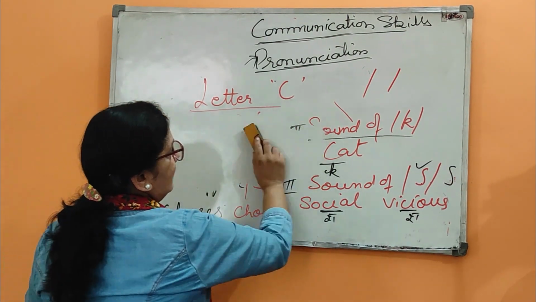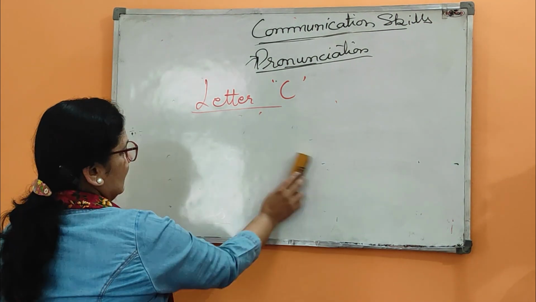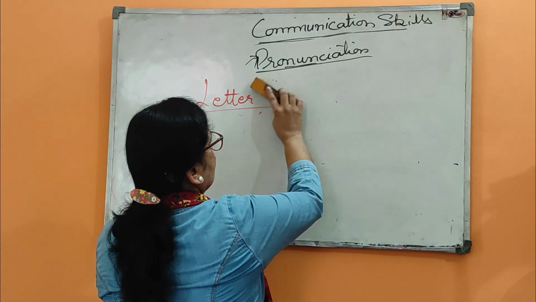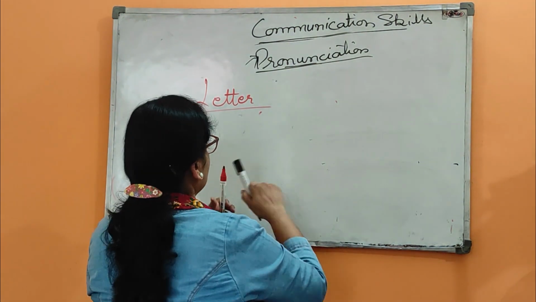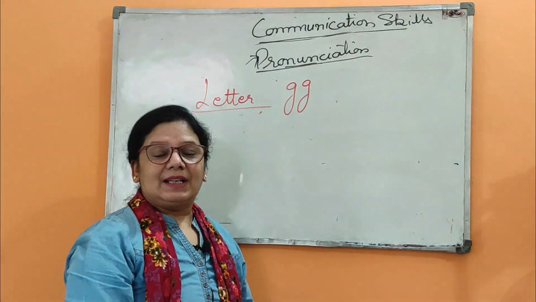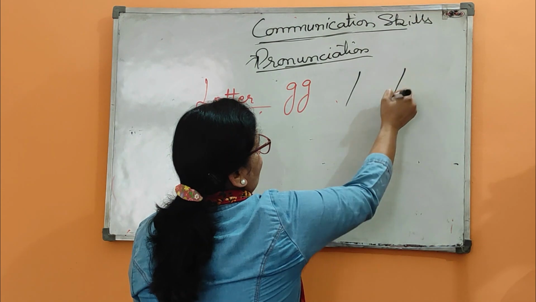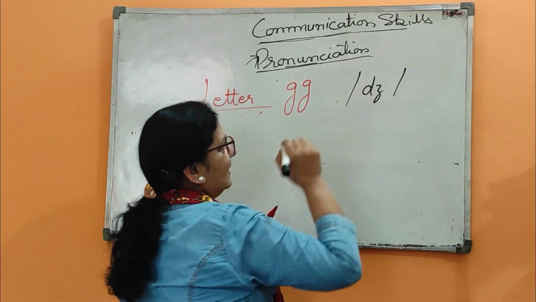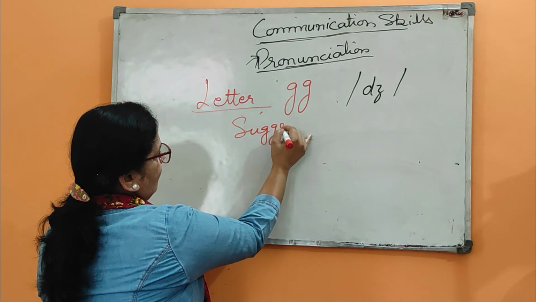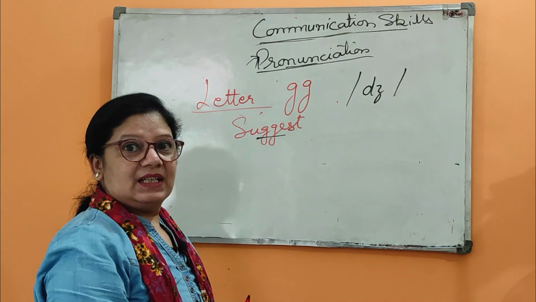Now I move to the next letter I have chosen for today's session, that is the sound of G, double G actually, sound of letters G. The sound of double letter G, if I write phonetics, would be Z. Like for example, if I write suggest, this is not suggest with a hard G sound.